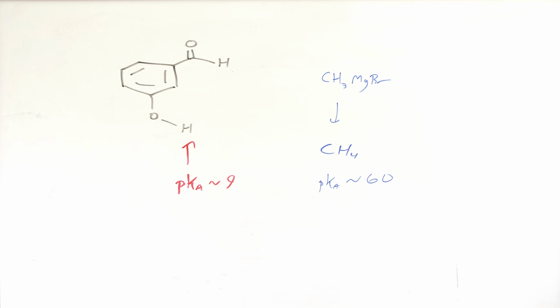Why is that a problem? You're right, so don't freak out on me. Let's try it. Let's see if I have methyl magnesium bromide, the simplest possible Grignard reagent. This pKa is about 9.